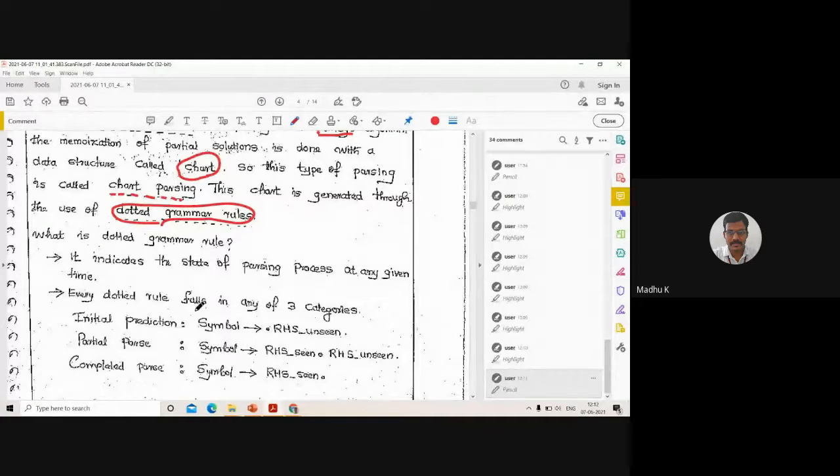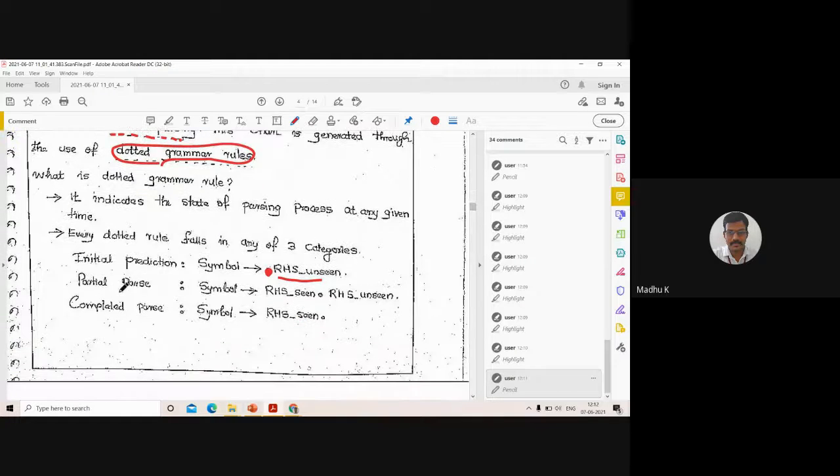For example, every dotted rule falls in one of three categories. One is, there is a dot here and after that there is a symbol, which means initial prediction. Then partial parse. What is meant by partial parse?